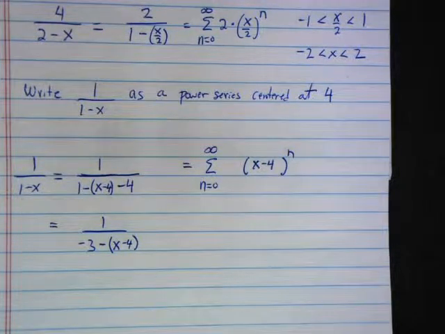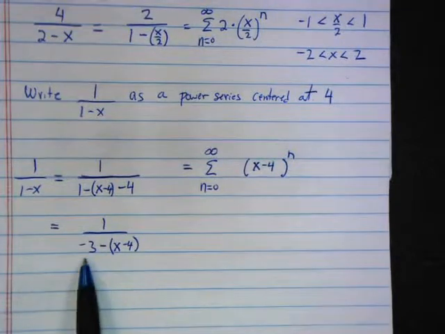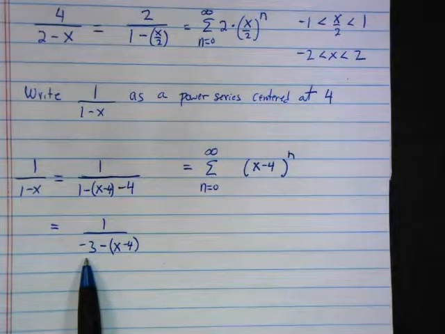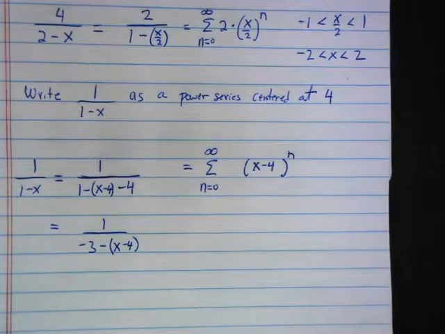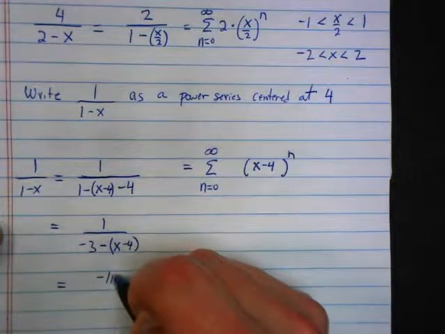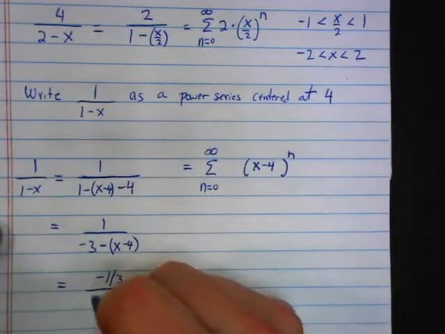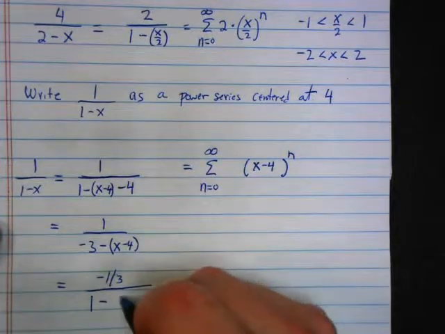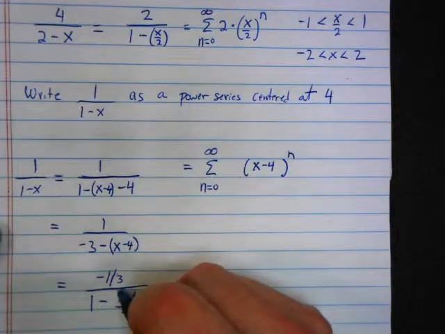Not divide by 3, but divide by negative 3. Because I need this to be a over 1 minus r. I need this to be the number 1. So if I'm going to make this the number 1, I have to divide by negative 3. So this is going to be negative 1/3 over 1 minus x minus 4 over negative 3.